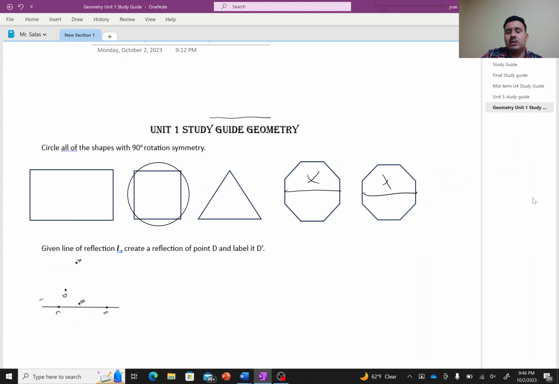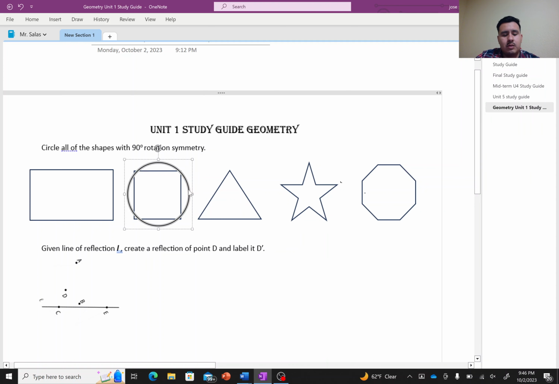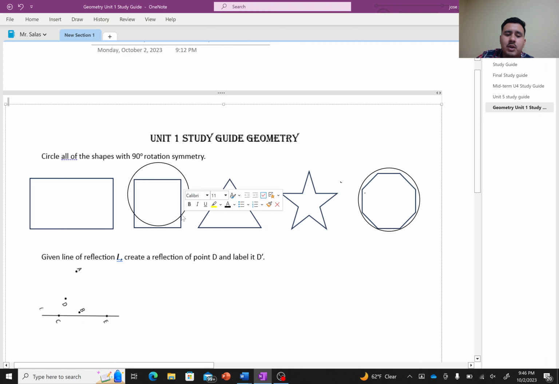So this octagon does have 90-degree symmetry. Here are your two answers: the octagon and the square have rotation symmetry.